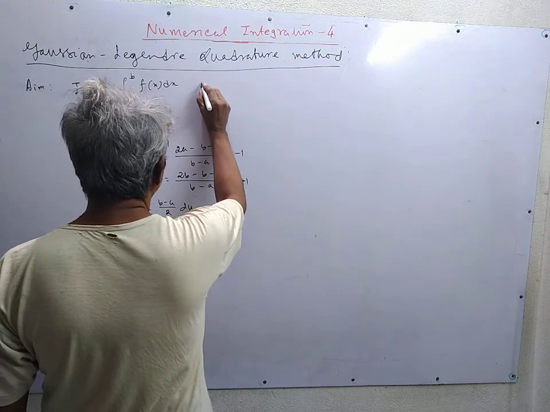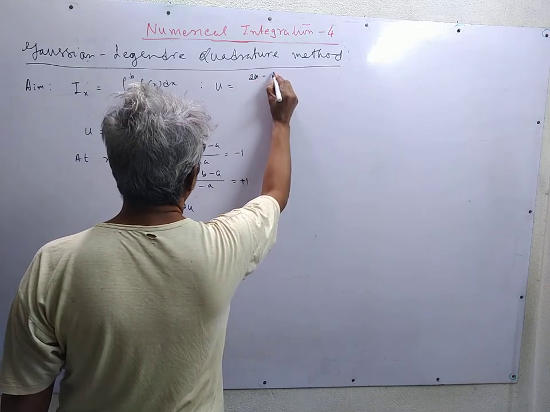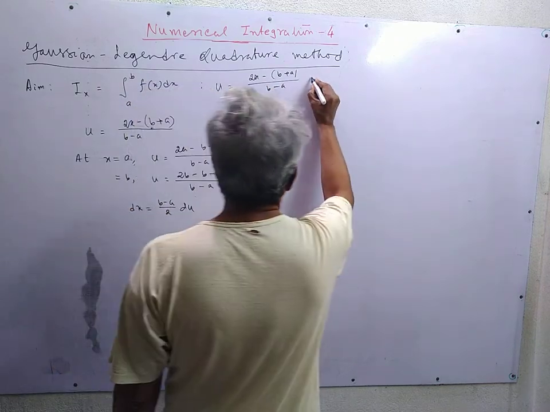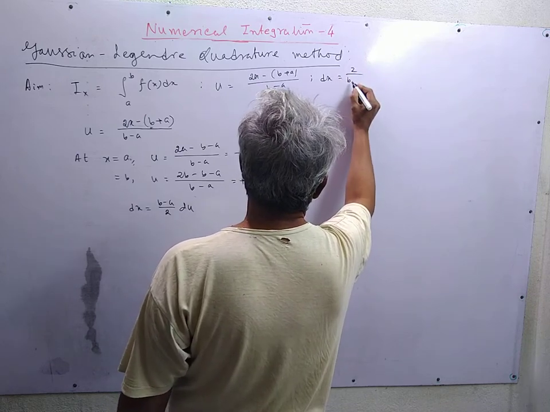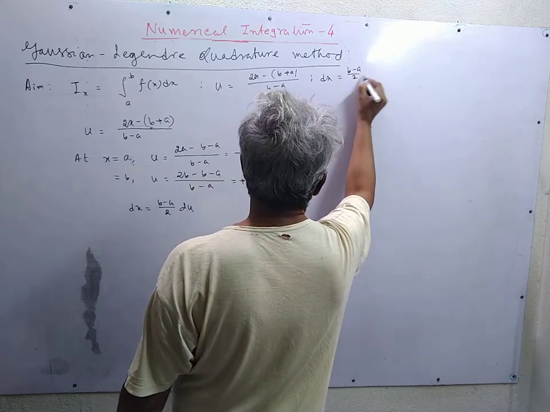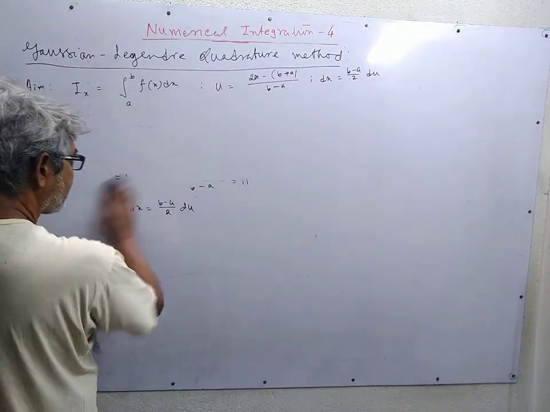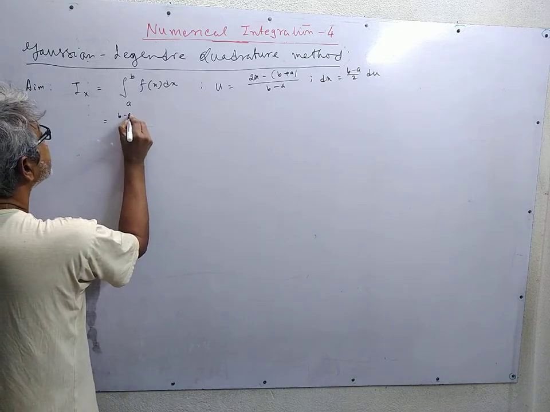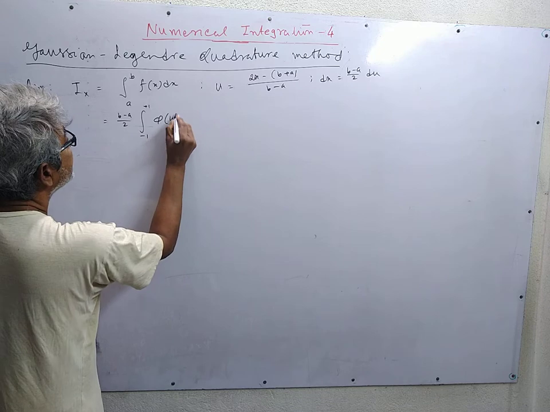So we introduce the variable u is equal to 2x minus b plus a by b minus a, so that dx is equal to b minus a by 2 du, and the integration becomes b minus a by 2 integral from minus 1 to plus 1 of phi of u du.